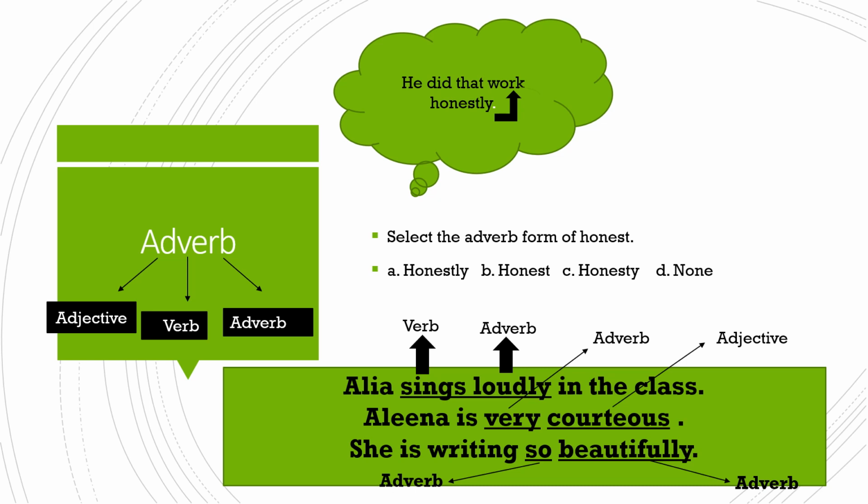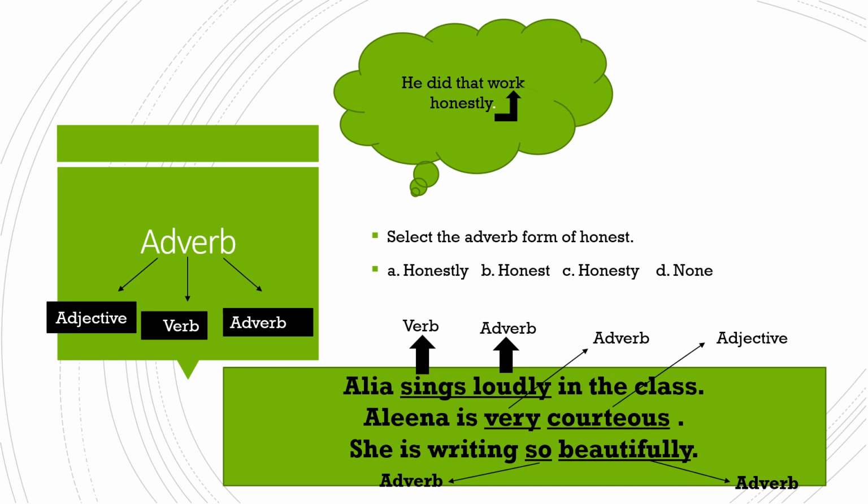In this sentence, courteous is an adjective and very is an adverb. So here, an adverb is telling us something about an adjective. It is qualifying an adjective. The third sentence: she is writing so beautifully. Here, the underlined words so and beautifully are both adverbs. So we can say an adverb is qualifying another adverb.